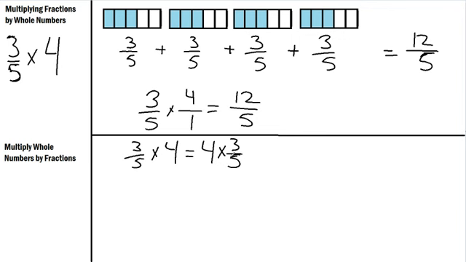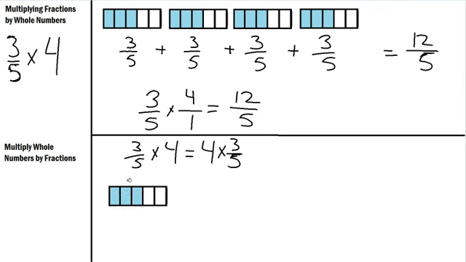Another way to think of this, I'm going to go back to my visual model, and I've got my fifths, and I'm going to do 4 of these. So 4 times 3/5. I'm going to do it like this. 1, 2, 3. There's one group of 3/5.